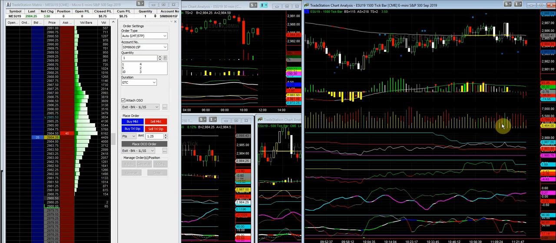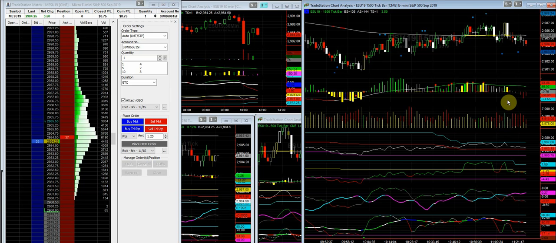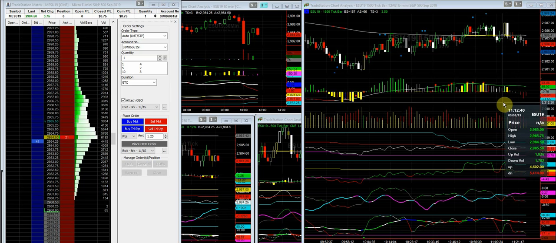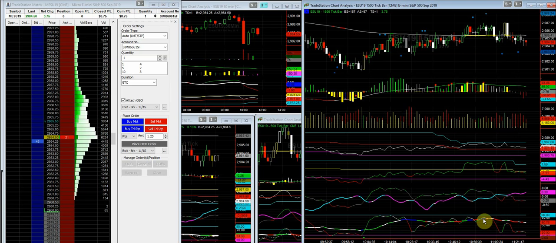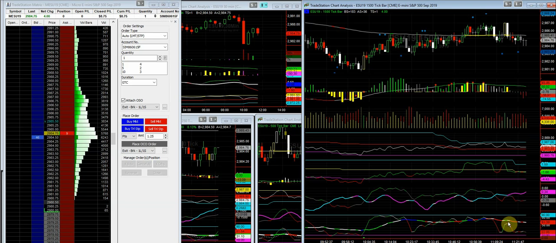Then over here, if we look at this green bar, we then look down below and see that on this white bar of the candle, price had come up to the momentum bar, the trade momentum, and then started to come back down.